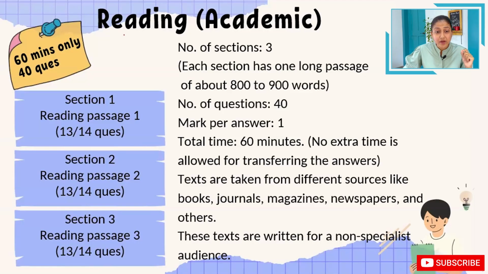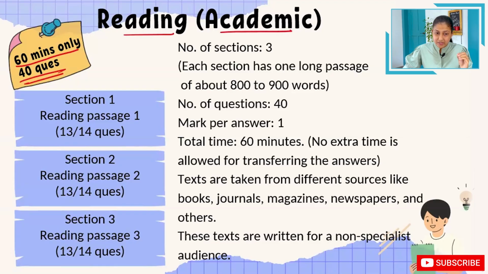All right, let's begin. So, if you have seen the orientation session, I hope you remember that the reading module is different for academic and for general training, correct? Just a quick look at the similarities. In case of reading academic, you will have a total of 60 minutes only, in which you have to solve a total of 40 questions.